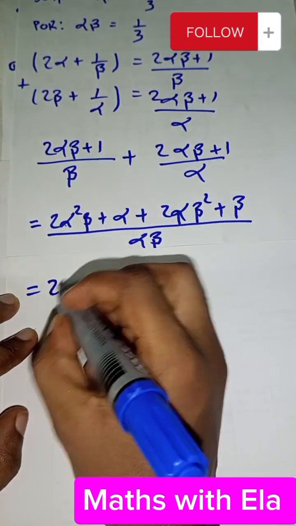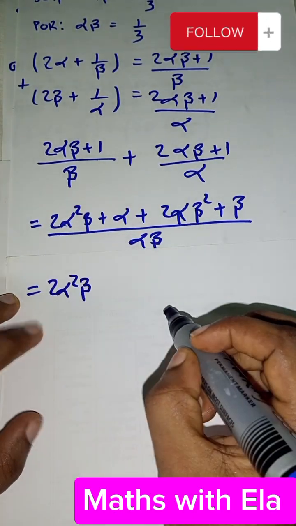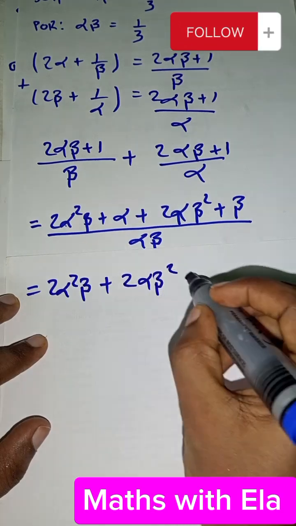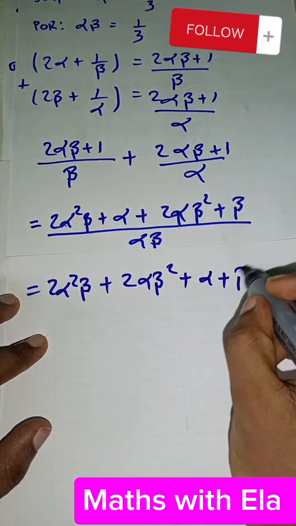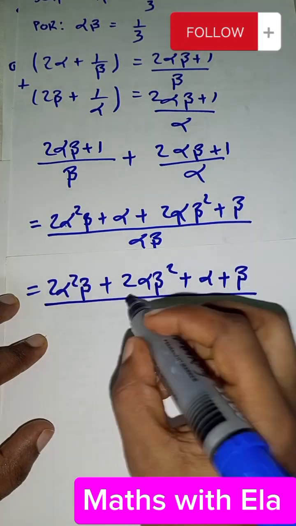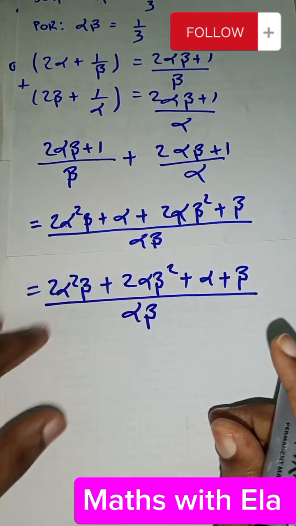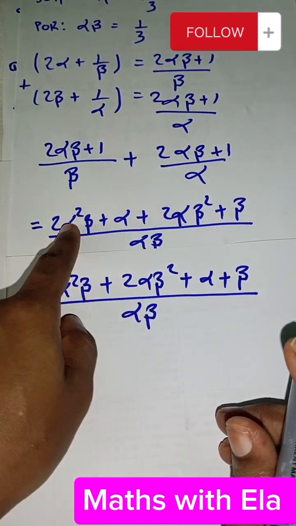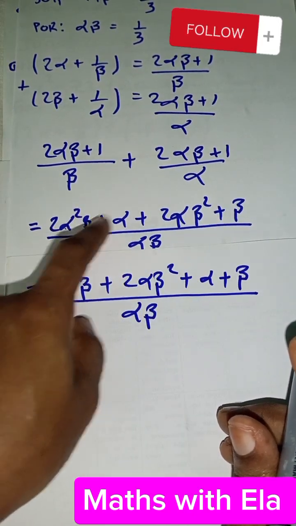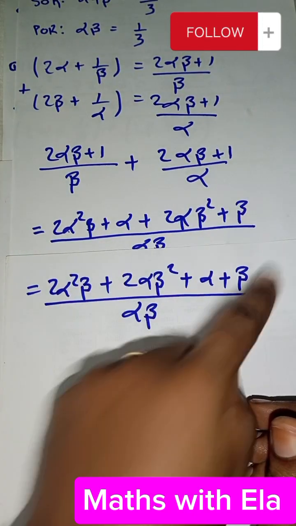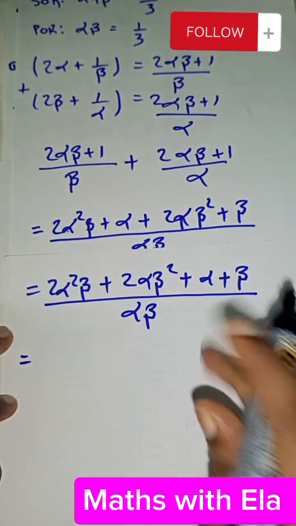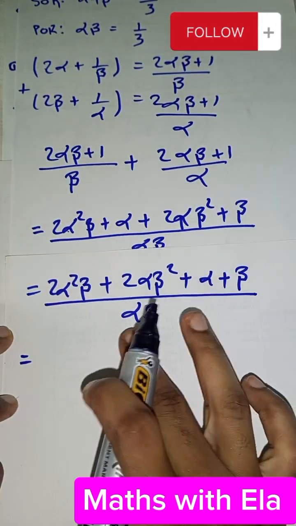So we have 2 alpha squared beta plus 2 alpha beta squared plus alpha plus beta, all of this on alpha beta. So from here to here, I've simply brought this 2 alpha beta squared closer to this 2 alpha squared beta, and then alpha plus beta, I've put them here close to each other. We already have alpha plus beta here. We already have alpha beta here.